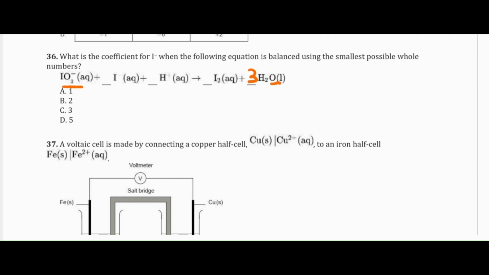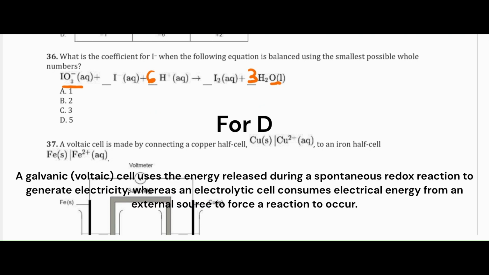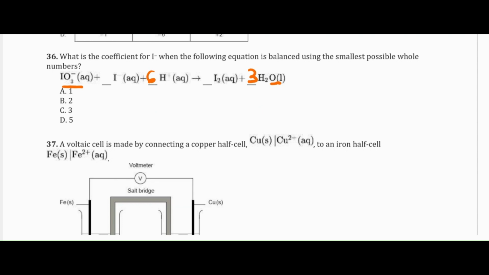So we're going to add a 3 in front of the water. That will give us 6 hydrogens here. So we want 6 hydrogens there. So we're going to add that in. Now that balances all the elements, and that would give us answer A.